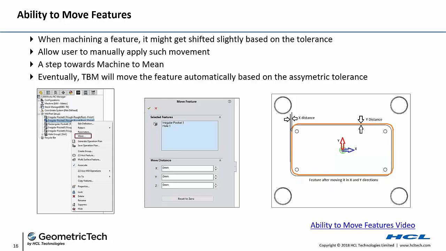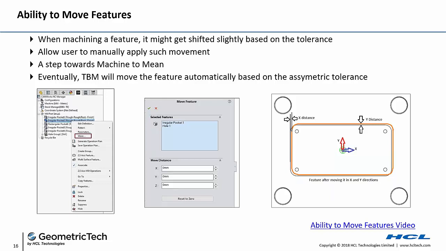This allows manufacturing now to make adjustments, slight adjustments and even large adjustments, for asymmetric dimensioned parts. We can now take the machinable feature, like the pocket, and adjust it slightly so that it's machined at the mean and not at the nominal dimension where it might have been modeled.